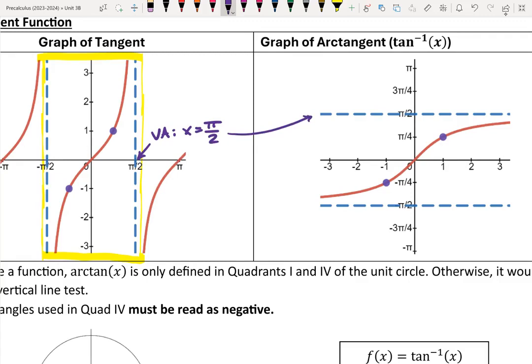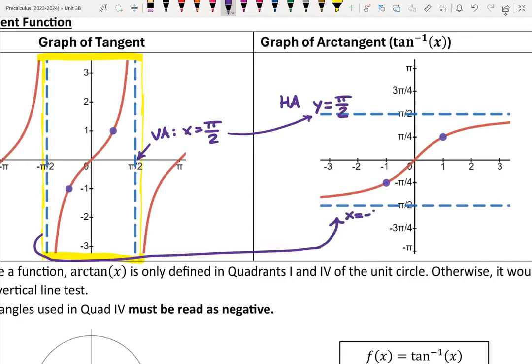Horizontal. Because, again, within inverse function, what switches? What switches in inverse functions? The x and y. So I had x equals pi/2, but that becomes y equals pi/2, which is a horizontal line. So we get two horizontal asymptotes here.